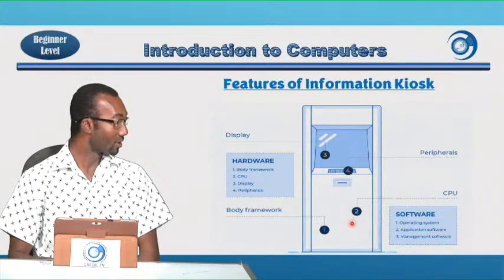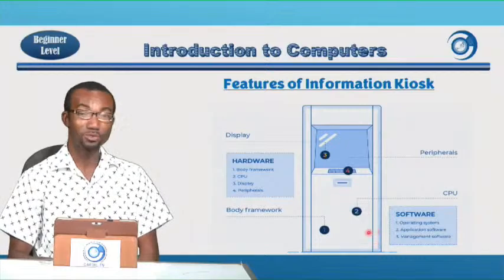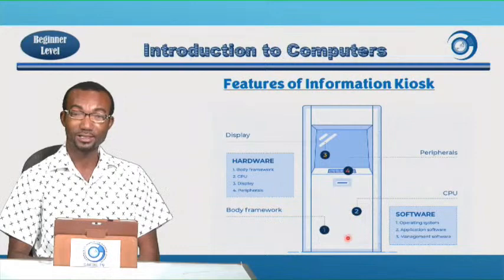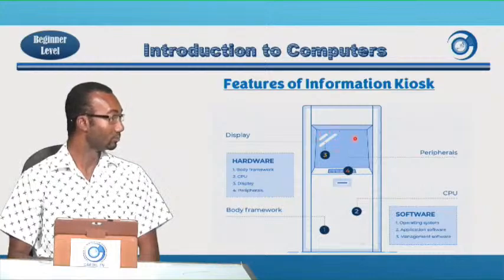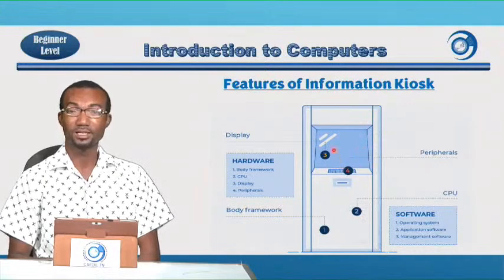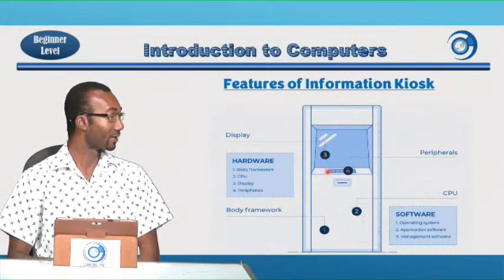The two shows you where the central processing unit of this type of computer is located. And then we also have the display. This is where you have the display, and the display is the screen that helps you to communicate with this kind of computer.